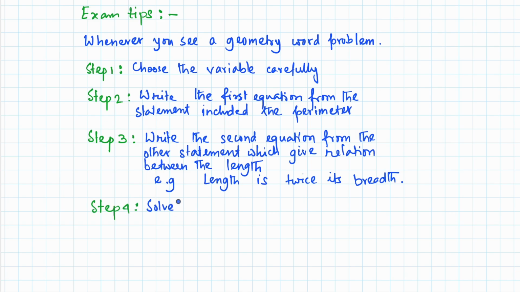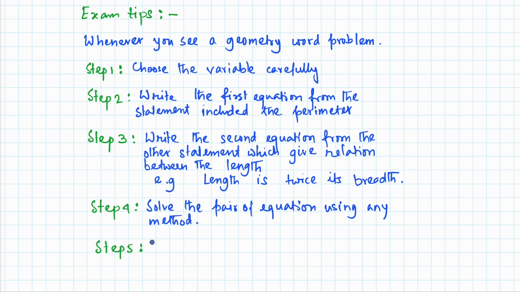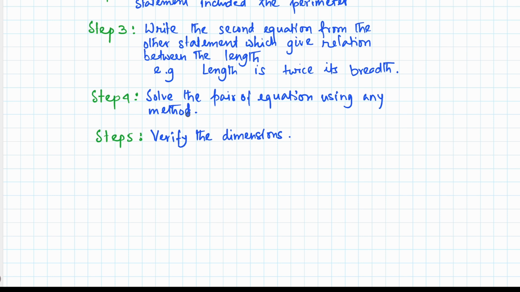Step number 4, after forming these two equations, we can solve the pair of equations using any method, either elimination or substitution or cross multiplication. Then finally we will verify the result, whatever we have solved, so that we can check whether it is correct or not.